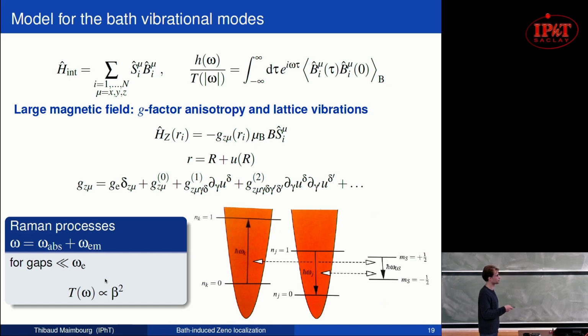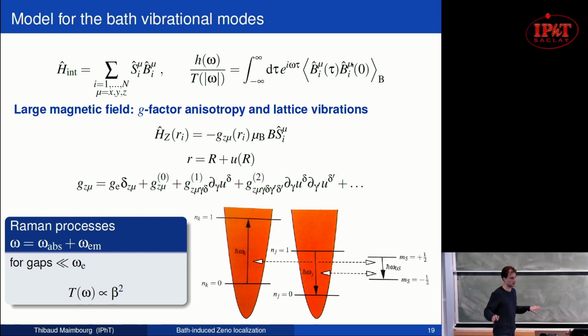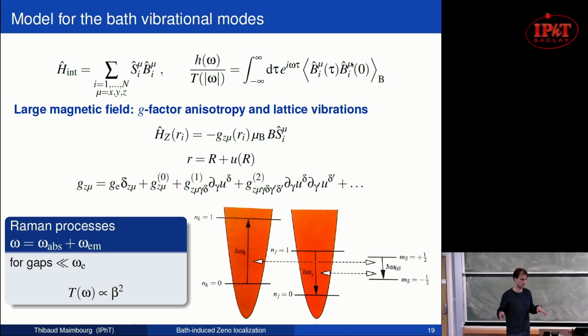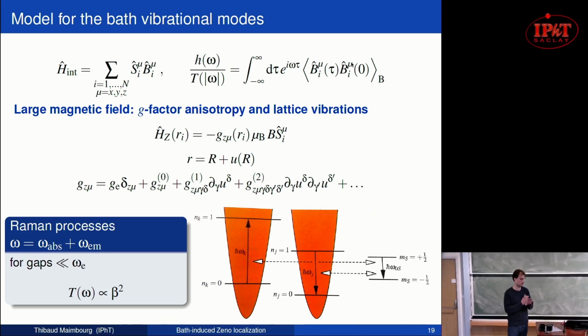You take delocalized phonons, and the largest Hamiltonian in the system is the coupling with the magnetic field, B times S mu with some tensor.